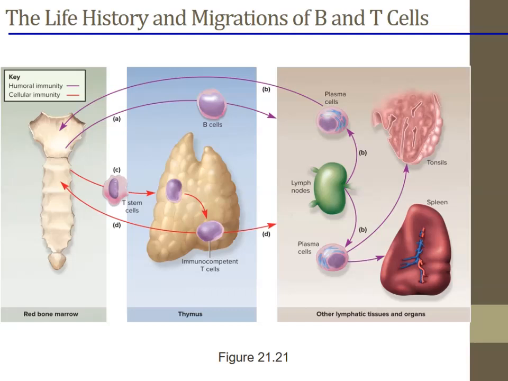So what hormone matures T cells? Thymosin. From which gland? The thymus gland. Right. So once it's mature, it could go back to the bone marrow, yeah. But it could also go to the blood or other lymph organs to sit around and wait. So that's all this picture is trying to show you.